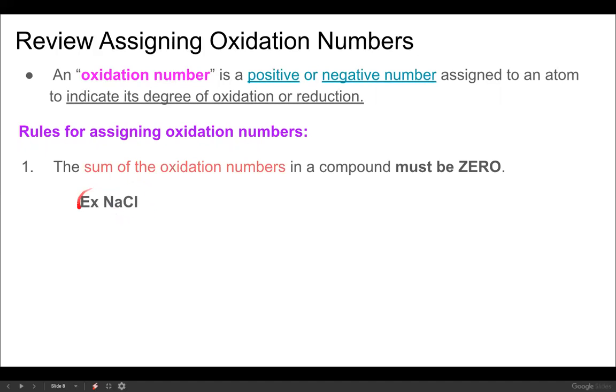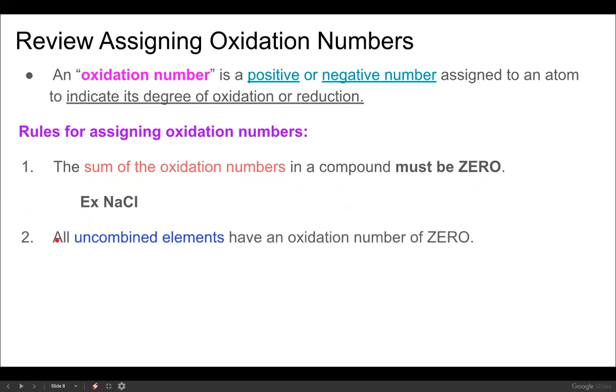So in the elements that we've been using to form this compound, NaCl, we've been using them throughout most of the year. We know that sodium is going to have a +1 charge and chlorine is going to have a -1 charge. When they come together, their net oxidation number is going to be 0. All uncombined elements have an oxidation number of 0.